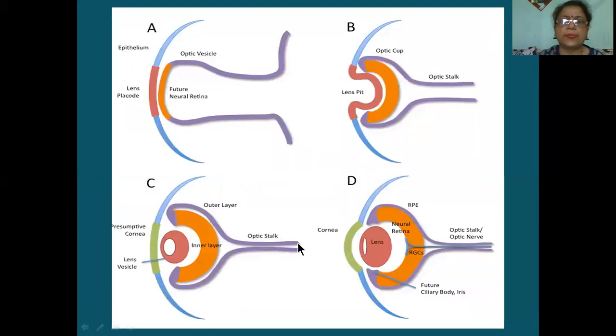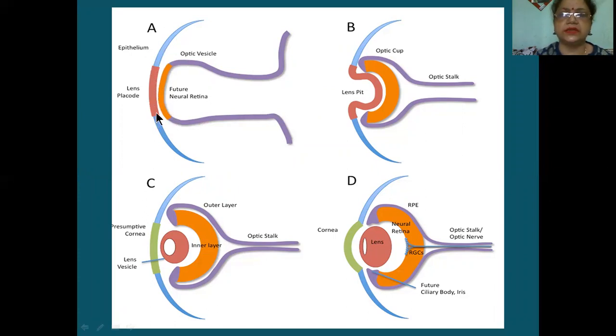So let's see now. As I told you, here this is the surface ectoderm, and this is the optic vesicle. What is this optic vesicle? Vesicle means something as if popping out like that. This optic vesicle is coming towards the surface ectoderm, and this is the neural ectoderm. From the surface ectoderm, this area which is close to the optic vesicle is thickened and is called the lens placode.